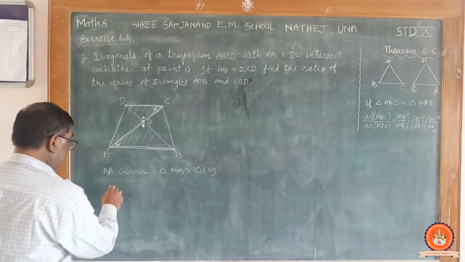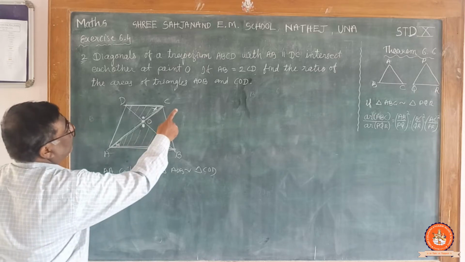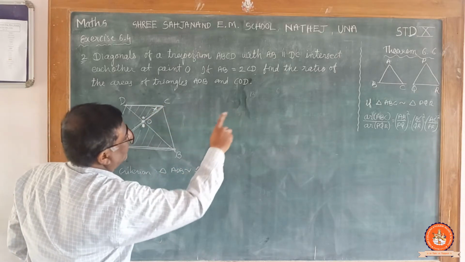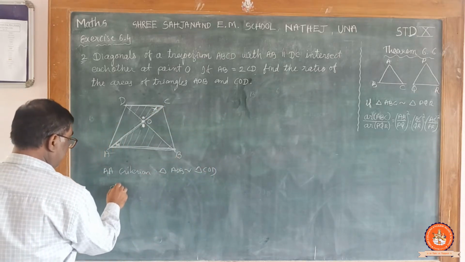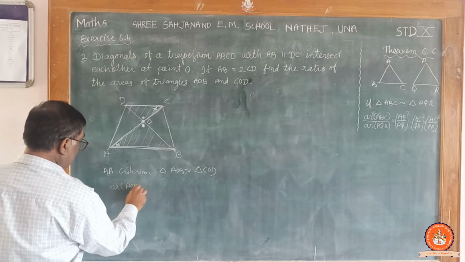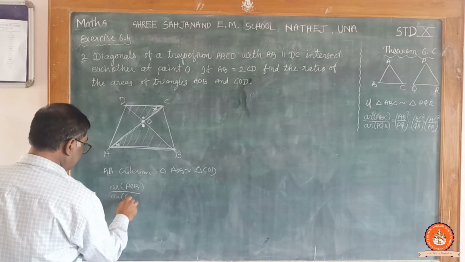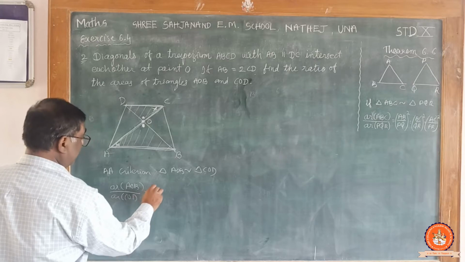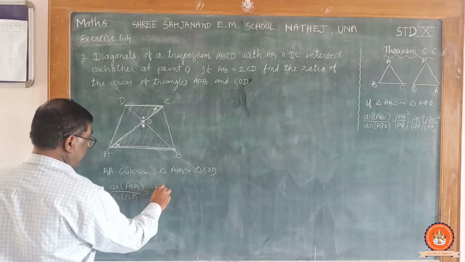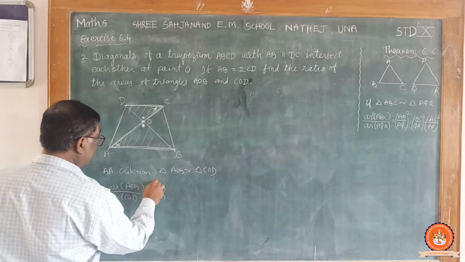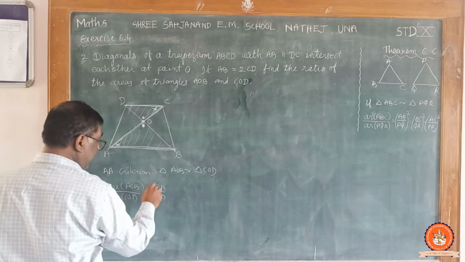And using this theorem 6.6, the ratio of the areas of two similar triangles. Okay, what we have to find out? Find the ratio. So area of AOB upon area of COD will be equal to AB upon CD the whole square.